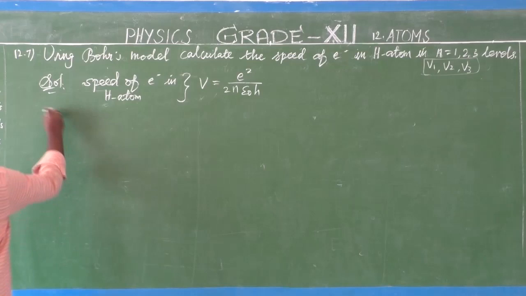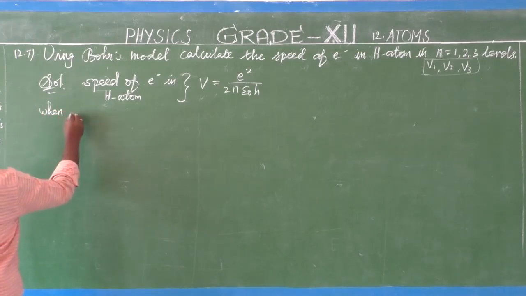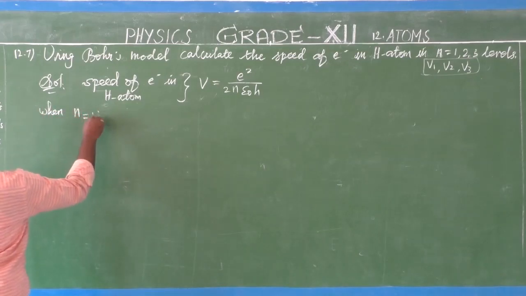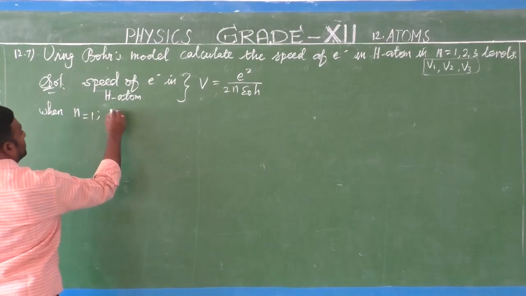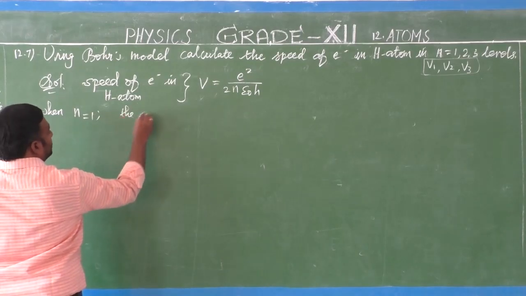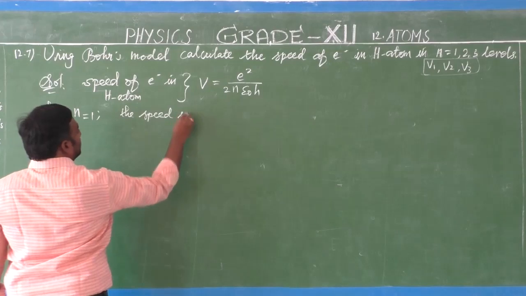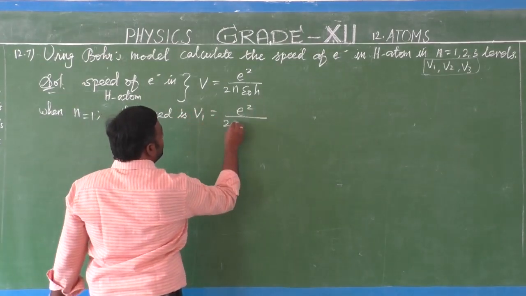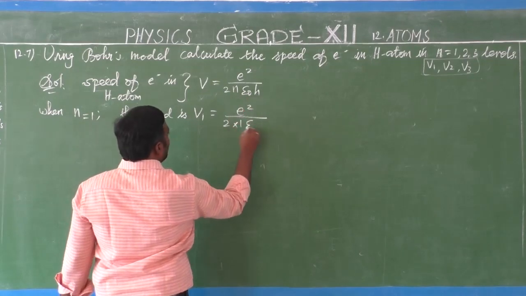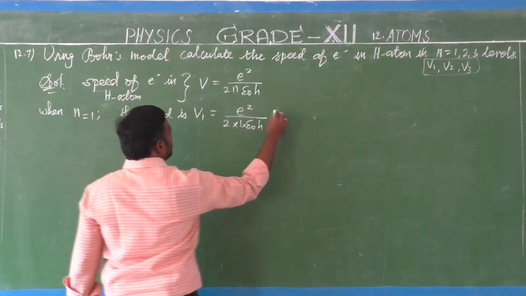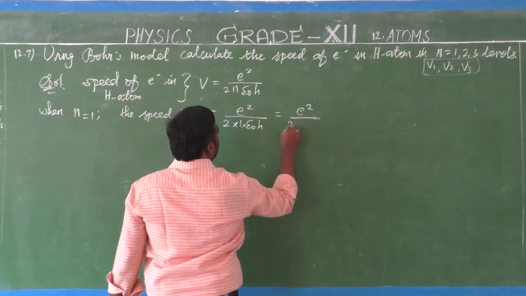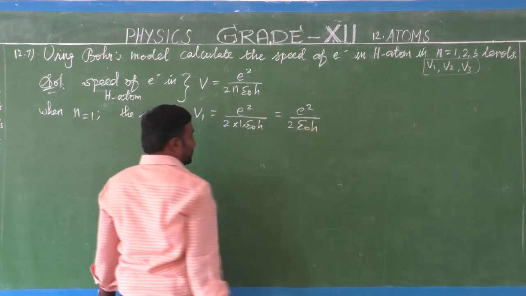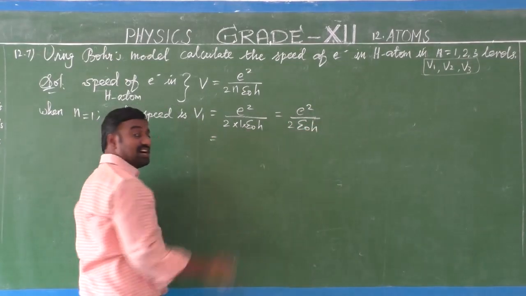When n is equal to 1, the speed, that is v1, is equal to e square by 2 into 1 into epsilon naught h. So it becomes e square by 2 epsilon naught h. What is e? It's the charge of an electron.